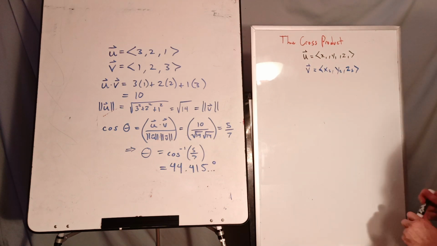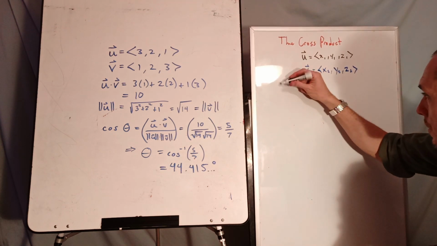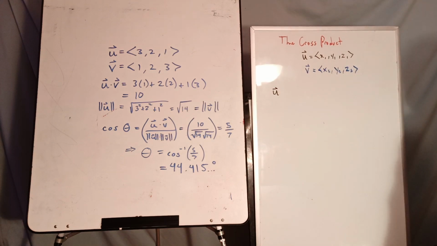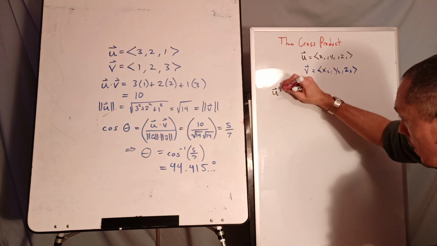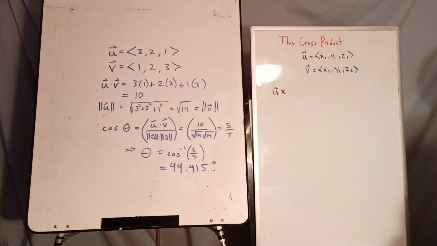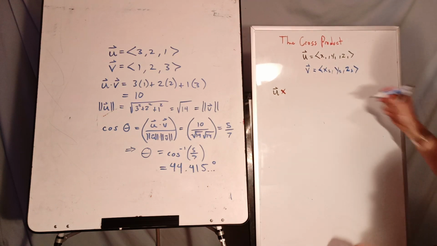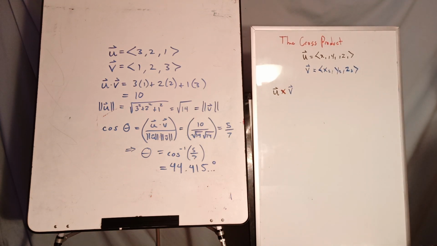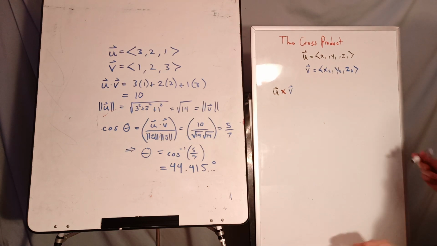And now, what is the cross product? So we write u cross v. And this is going to give us another vector in our R3.